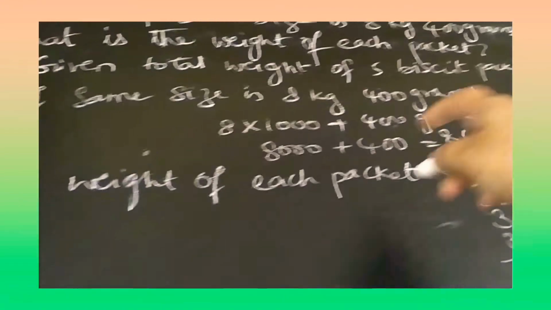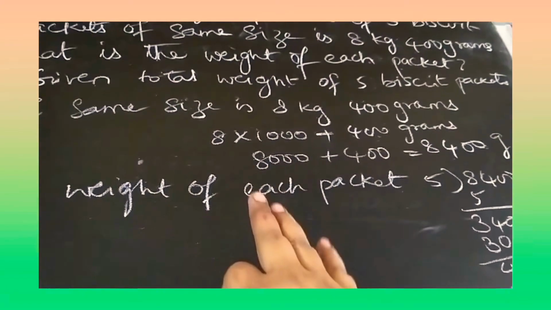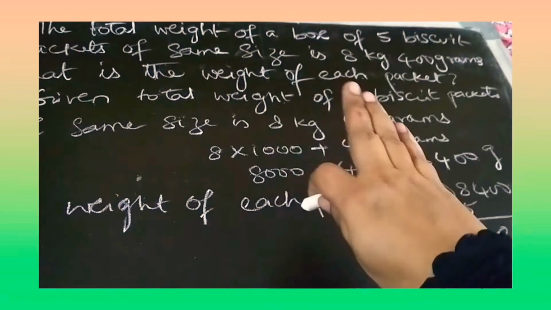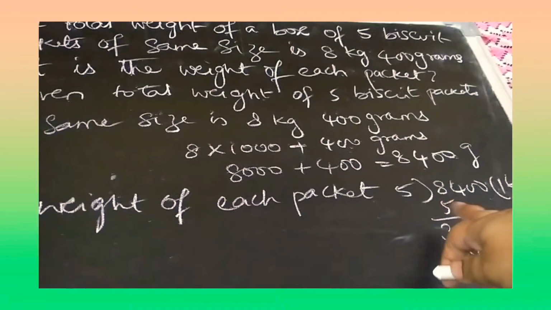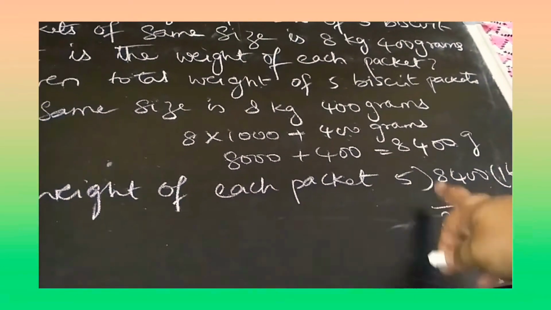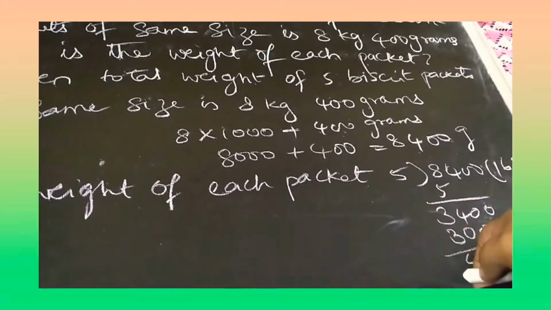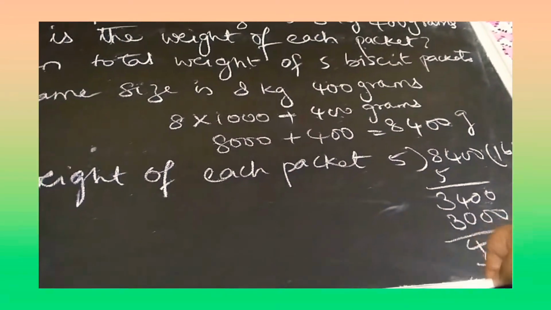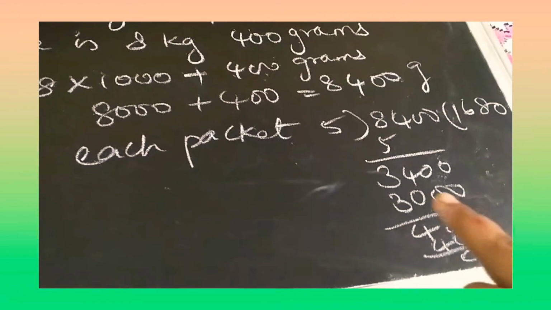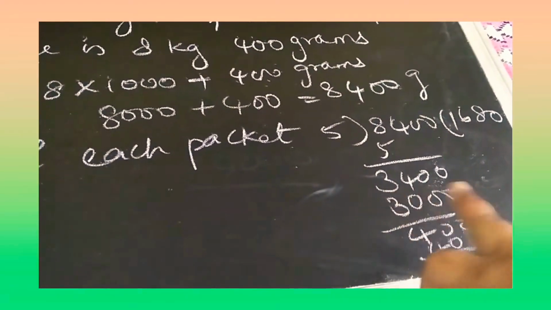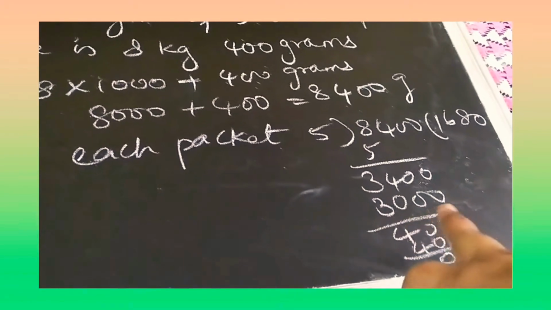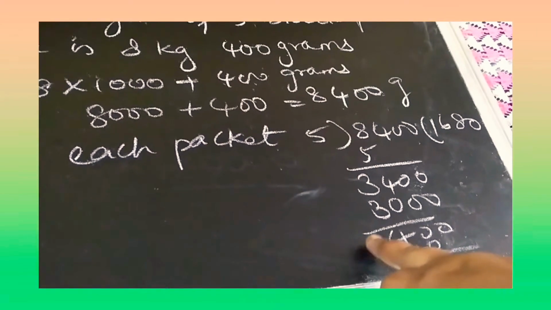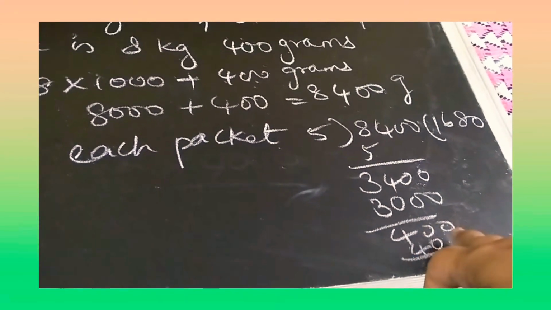Okay. So now what we have to do? Weight of each packet. Each packet means you have to divide this 8400 by 5. 5 ones are 5. I am taking 8 minus 5 is 3. It is 3400. 400 I am taking here. Then 5 6s are 30. 3400 minus 3000 means what you have to do? Again 4 minus 0 is 4. 3 minus 3 is 0, no need to take it. 400 I am taking here.